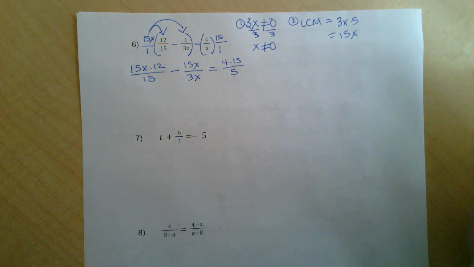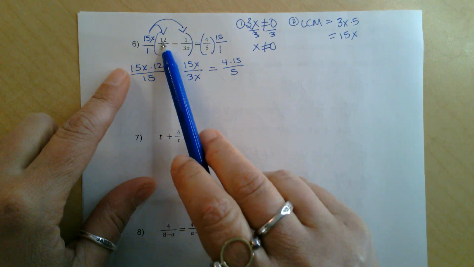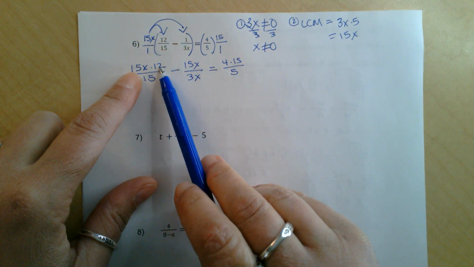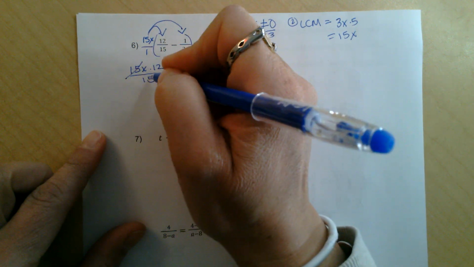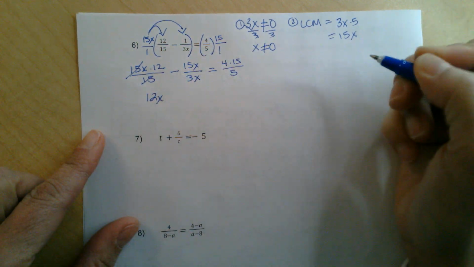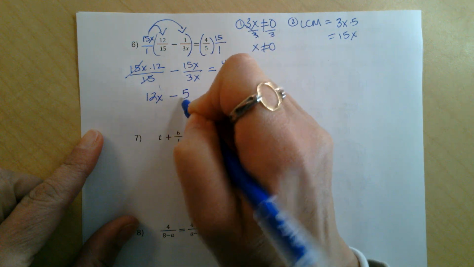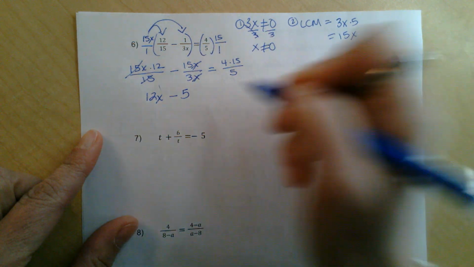Notice, I didn't multiply anything out because here, this is what we're doing. I'm not going to multiply that to be 60. I don't have to because I automatically know the 15s are going to cross out and I'm going to have 12x left. Here, minus 15 divided by 3 is 5. My x is crossed out.